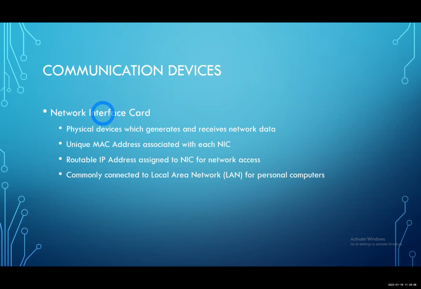For a desktop or maybe a laptop, you might have another one for Ethernet. Each one of those is an individual network interface card that has its own unique MAC address. And if they're connected to the internet, such as your Wi-Fi card or your Ethernet card, they'll have IP addresses as well.